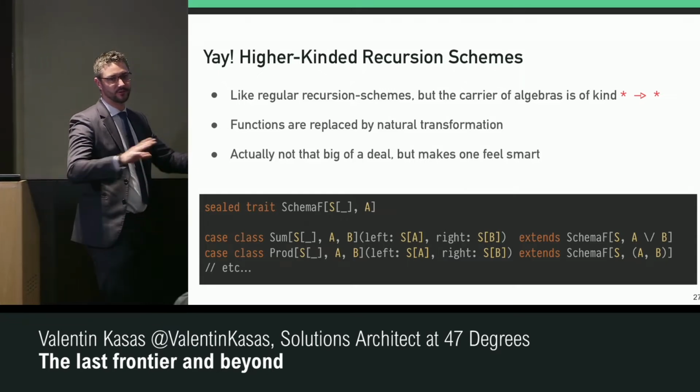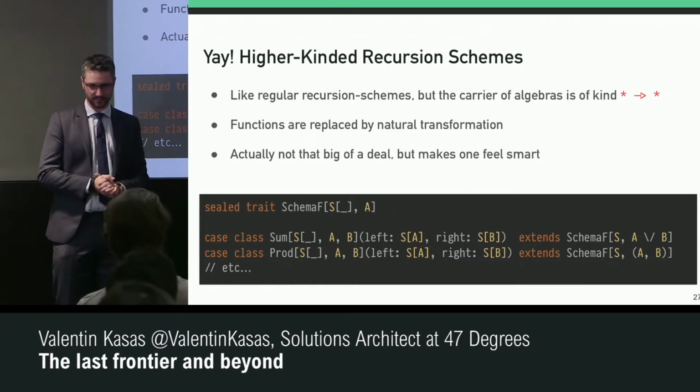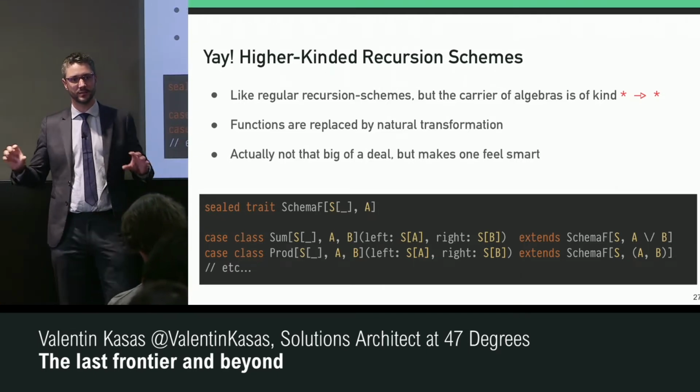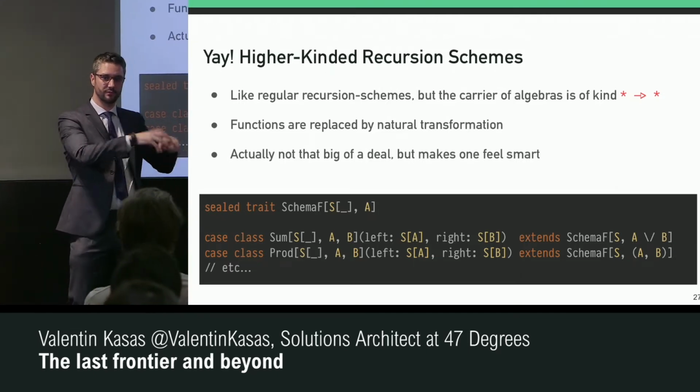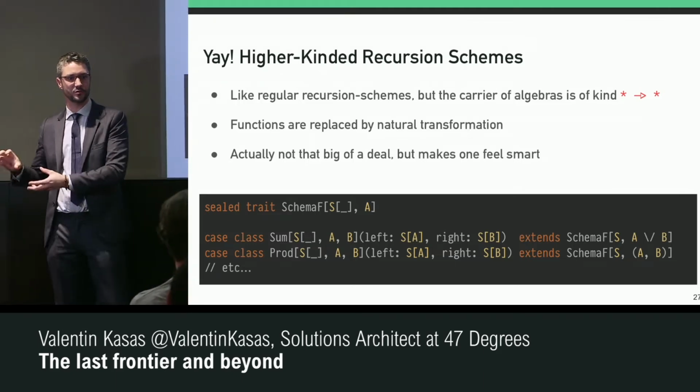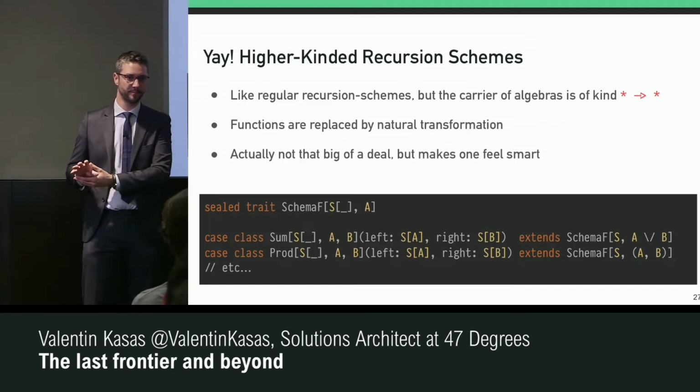So recursion schemes, for those who have never heard about them, are a way to abstract over recursion by decoupling the way you traverse a recursive structure from what you want to do with each of its components.